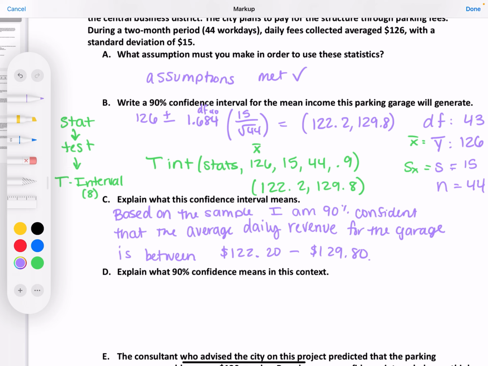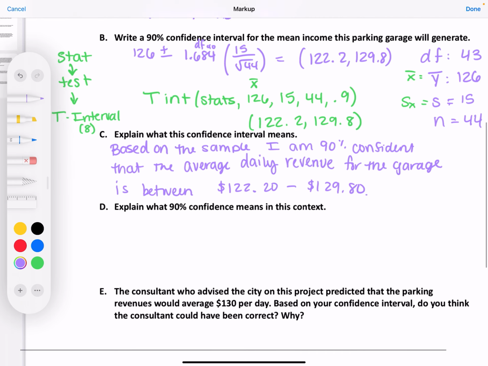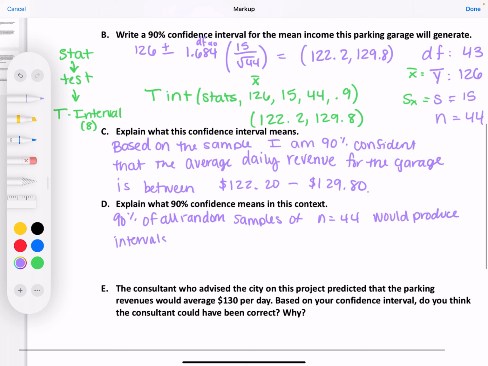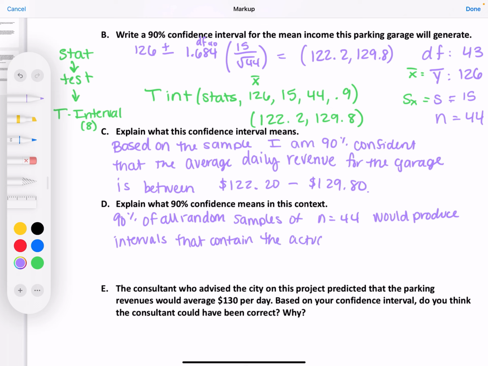So what does the 90% confidence mean in this context? Basically, it means that 90% of all random samples of n equal to 44 would produce intervals that contain the actual mean value or mean daily income of the parking garage.